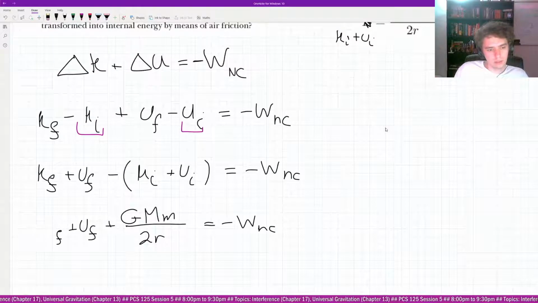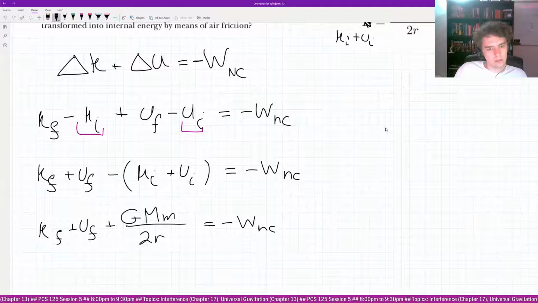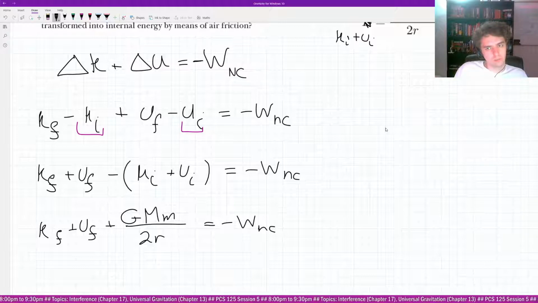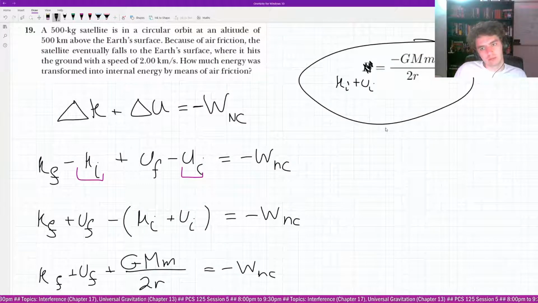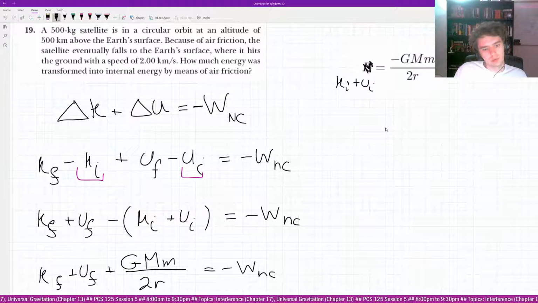Wait, how'd you get that? This formula up here? Like, how'd you convert the Ki and Ui into GMm over 2r? Because I have this formula. Okay, but how come Ki plus Ui equals that though?